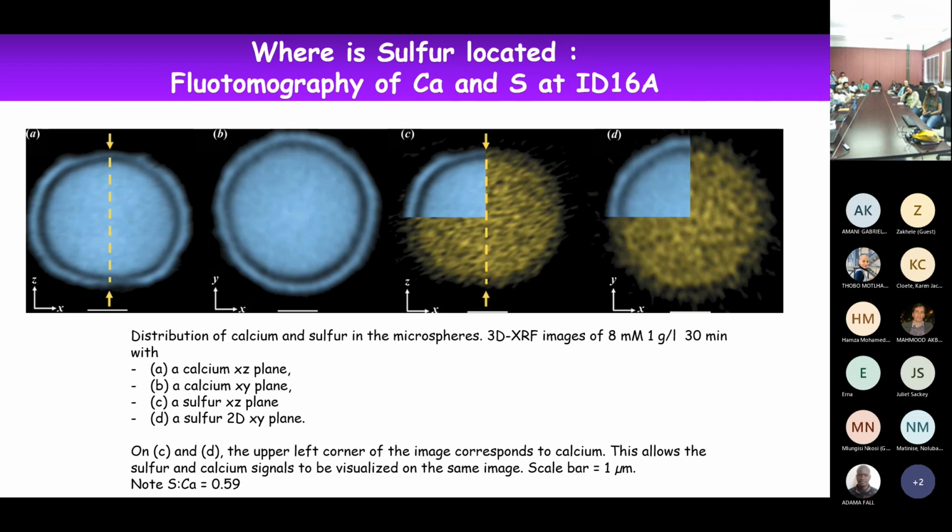So in this case, you have an image of a particle with just the calcium. The other one here, a quarter of the particle, is the calcium, and here this is the sulfur. You can see that the sulfur is located all over the particle. So it means that the PSS goes completely inside the particles, and that was quite interesting because it was very difficult to know where the PSS was going during the transformation.